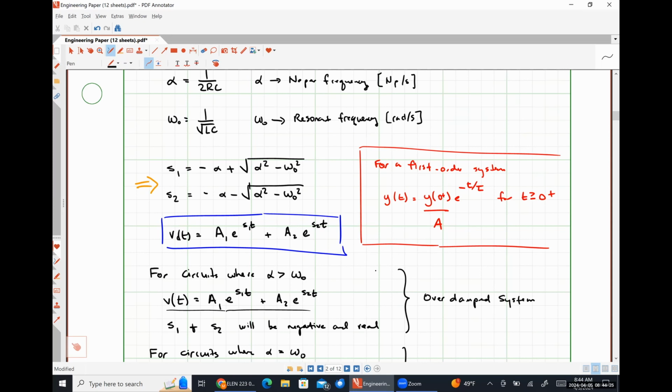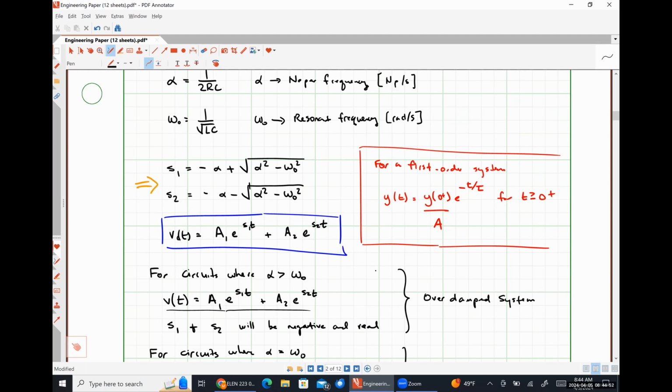100% correct, Sebastian. So now that imaginary part for S1 and S2 are going to be identical, because we have alpha squared minus omega naught squared under a square root sign for both S1 and S2. So we have negative alpha plus some imaginary number, and then negative alpha minus that exact same imaginary number.